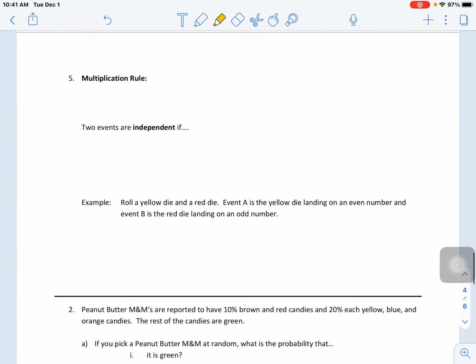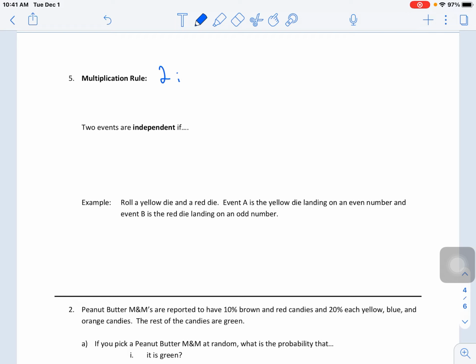All right, next page, real quick. Multiplication rule, we actually have already done a couple examples of these. Pretty simple stuff. Multiplication rule is actually a lot easier than the addition rule.